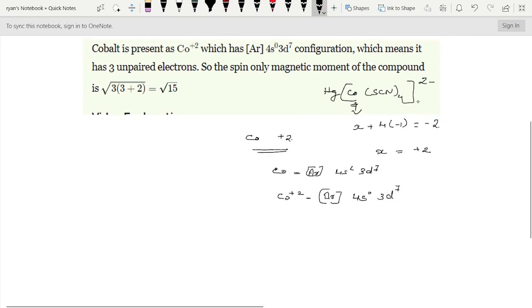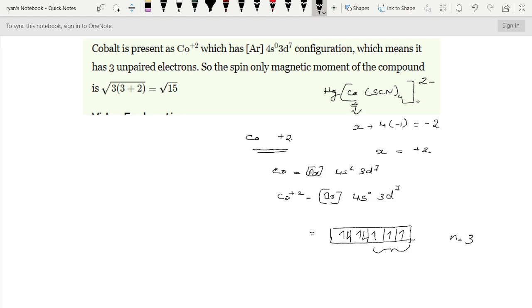Filling 1, 2, 3, 4, 5, the sixth will pair here, and then the 7th. Therefore there are 3 unpaired electrons. n is equal to 3.